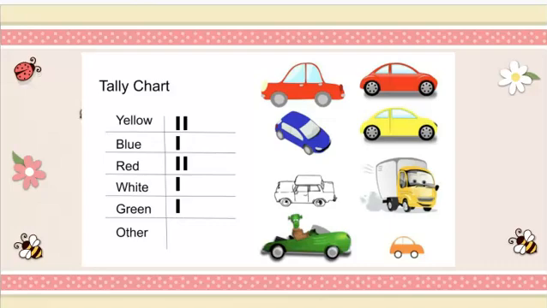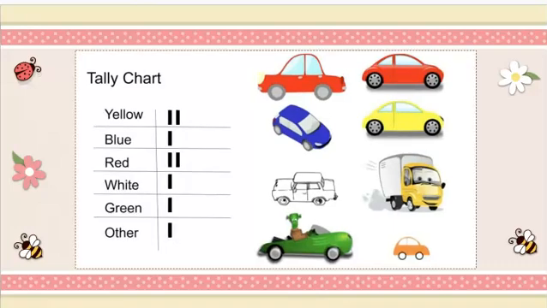Now, the other. There's just 1 little orange car down the bottom, and I didn't put orange on my list. I put other, so I'm going to put him into the other. So there it is. I've just put my one tally in for my other, which is my orange.